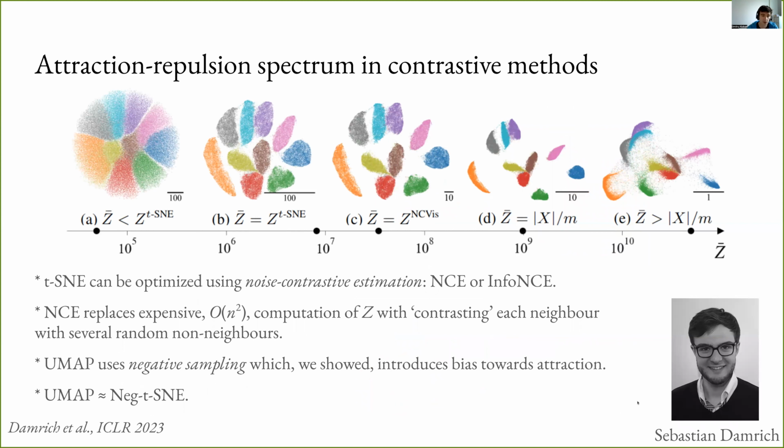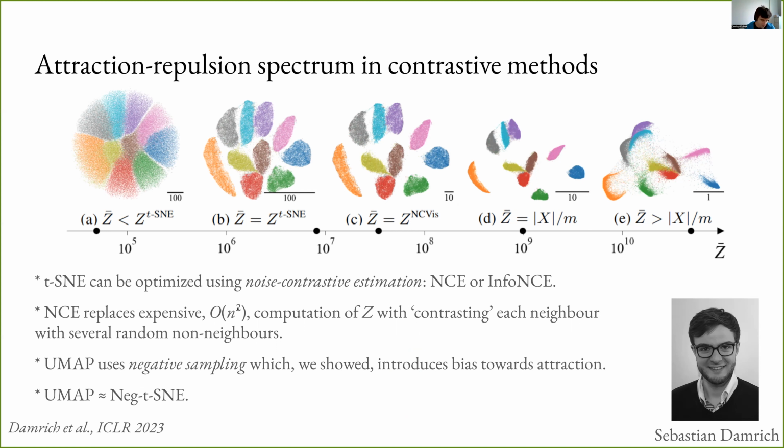in a follow-up paper that was recently accepted to SimCLR, where Sebastian studied this family of optimization methods called noise contrastive estimation, NCE or InfoNCE. These are different flavors of this noise contrastive loss.